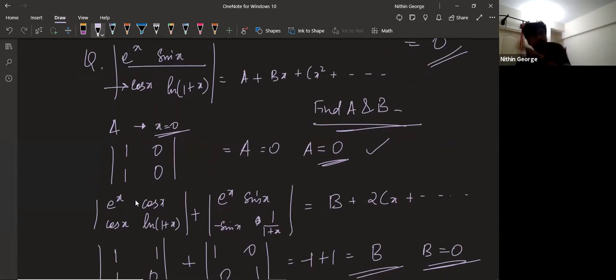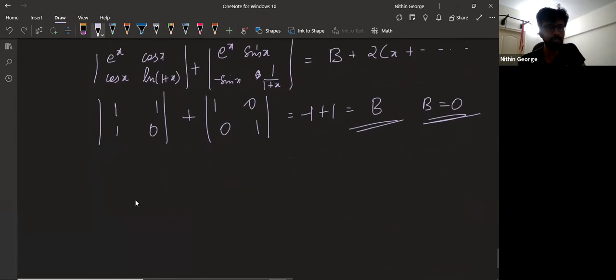You differentiate along the separate rows, after you split it as the sum of different parts. Okay, next, how do you integrate a determinant?